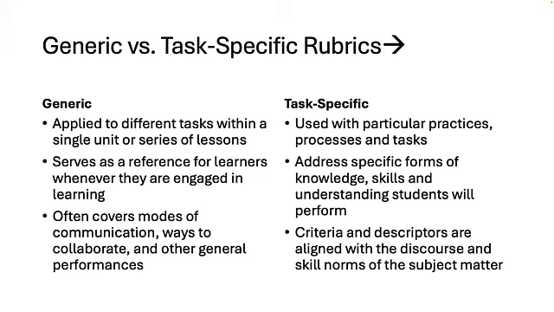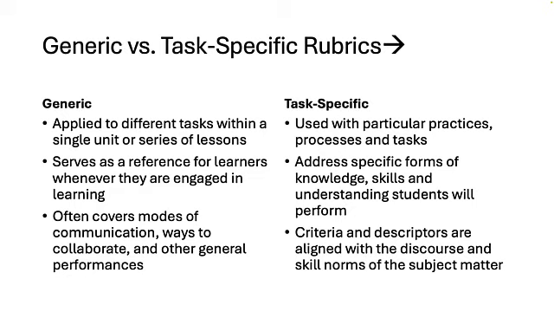Task-specific rubrics are usually used with particular practices, processes, and tasks, address specific forms of knowledge, skills, and understanding students will perform, and have criteria and descriptors aligned with the discourse and skill norms of the subject matter.